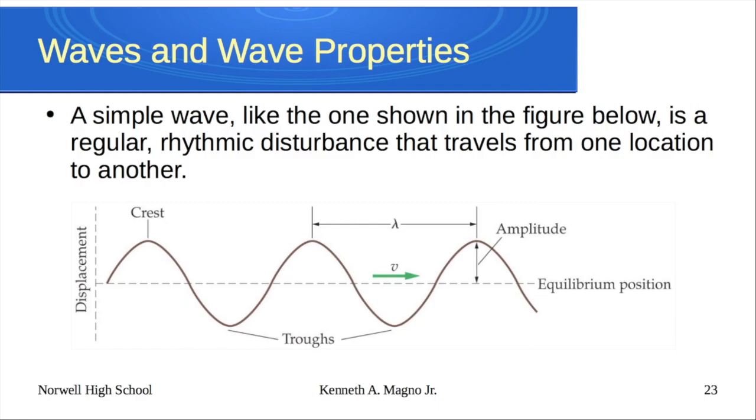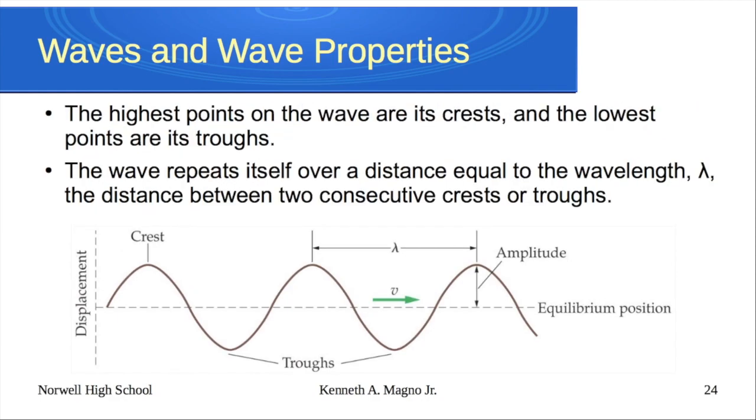We use the symbol lambda. Lambda looks like an upside down Y to represent wavelength. So our amplitudes are where those crests and troughs occur. The wavelength again is going to be that consecutive crest to crest or trough to trough as our general definition, though it could be a full waveform that I could cut and paste and keep repeating the pattern.